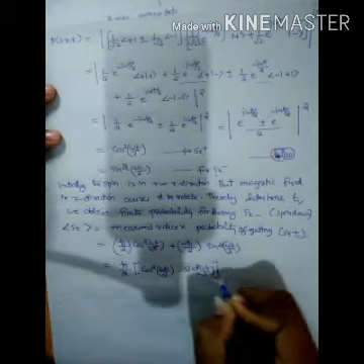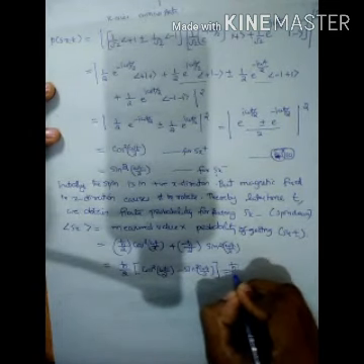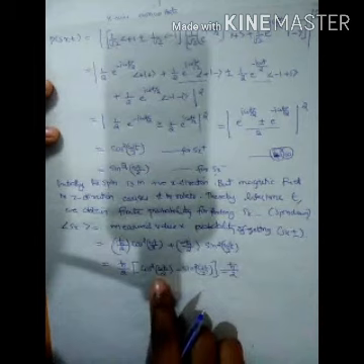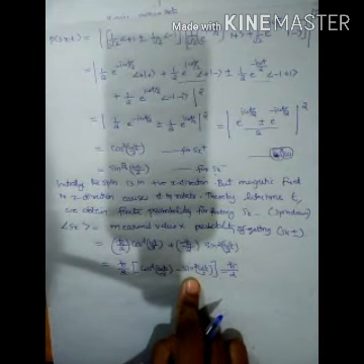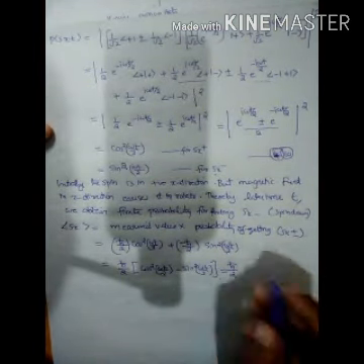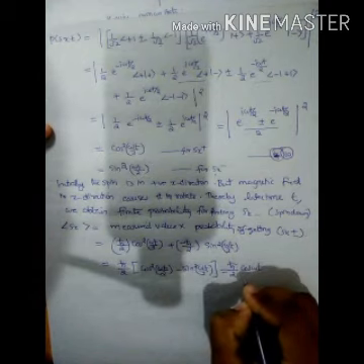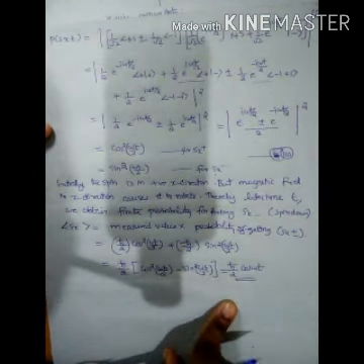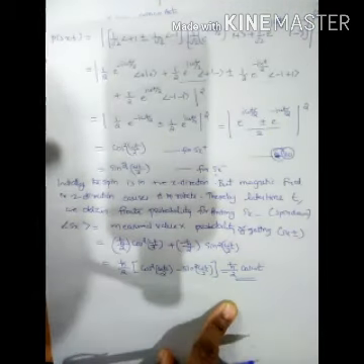So this can be written as h cross by 2 times cos square omega t by 2 minus sin square omega t by 2, which is nothing but cos omega t. So this is our expectation value of Sx.